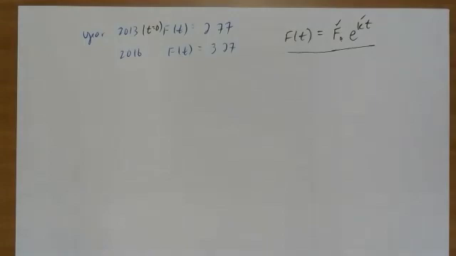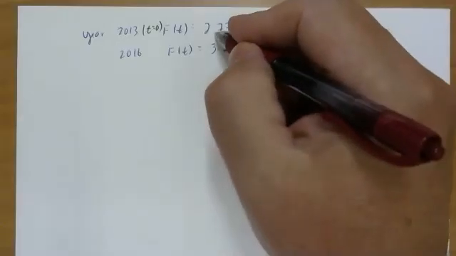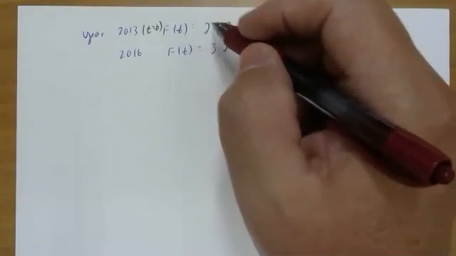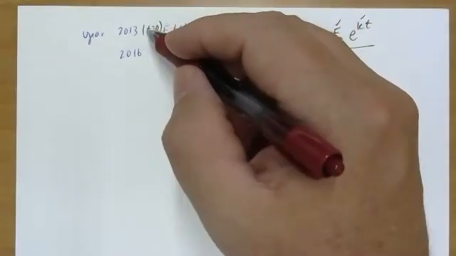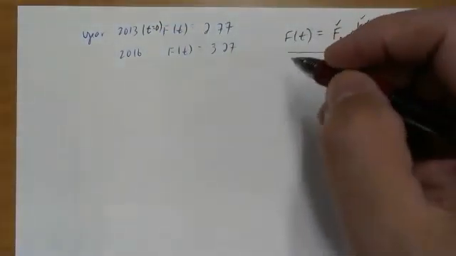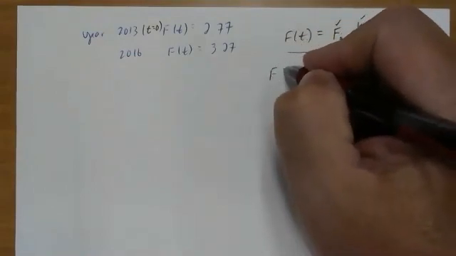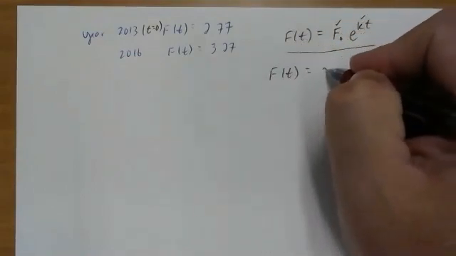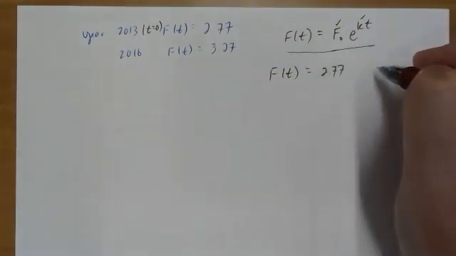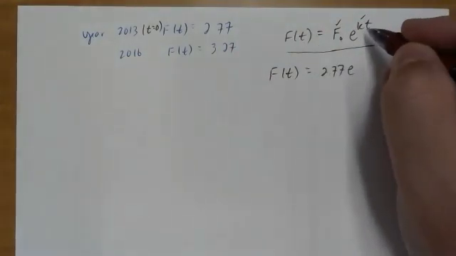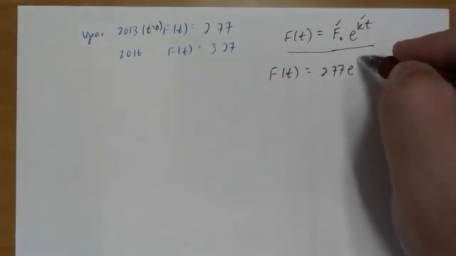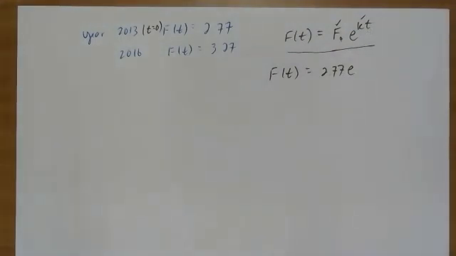That's when the time is 0. So what would f naught be? Well, f naught is the amount during year 0. So it's 2.77. Now, if I figure out my k, then I'll have the equation.